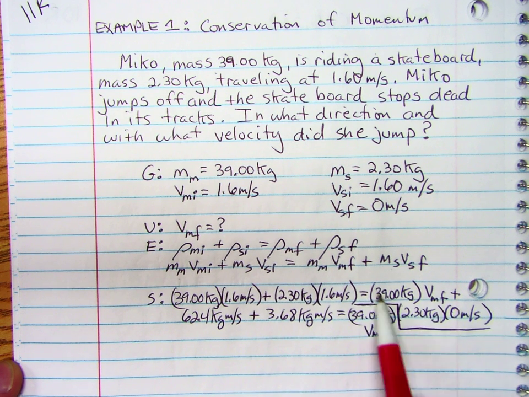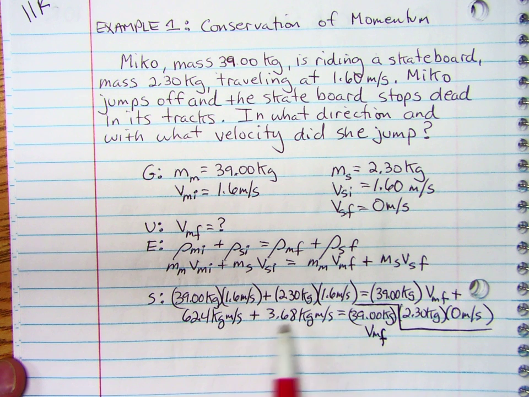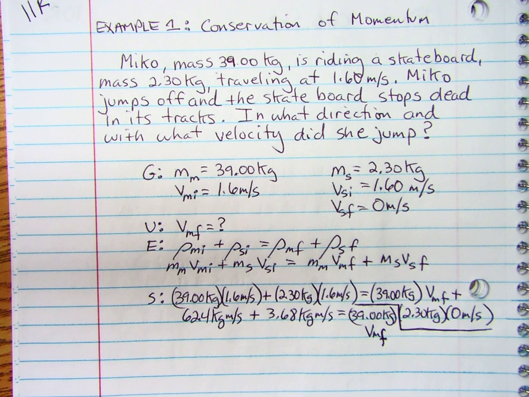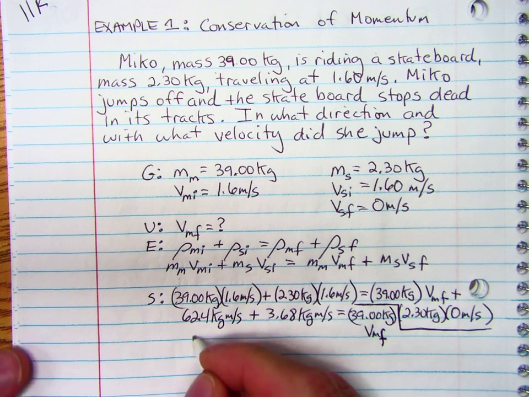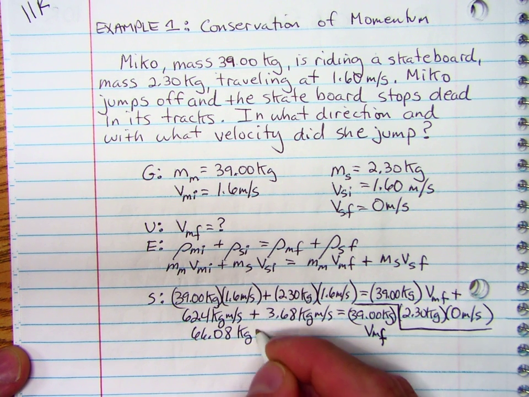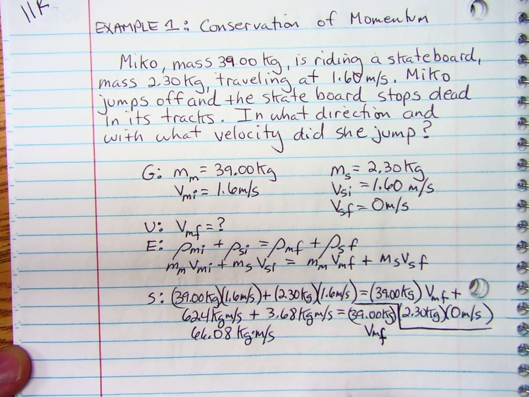See right here. Okay. Now these are the same units, kilogram meter per second and kilogram meter per second. So I can add these two values together. And so we have 62.4 plus 3.68 gives me 66.08 kilogram meter per second.